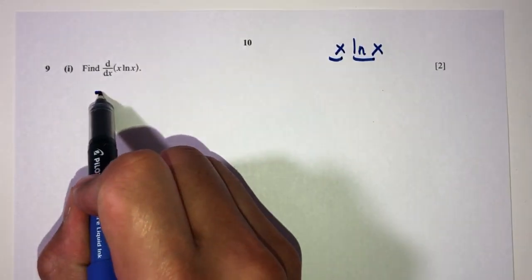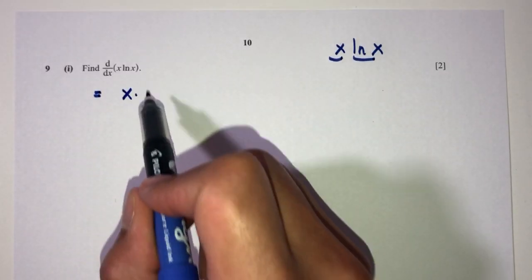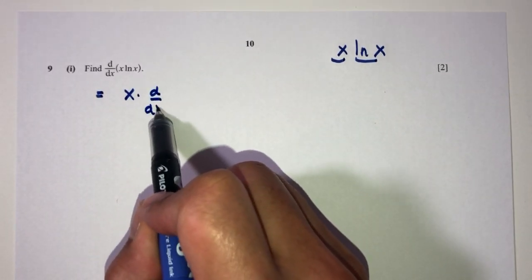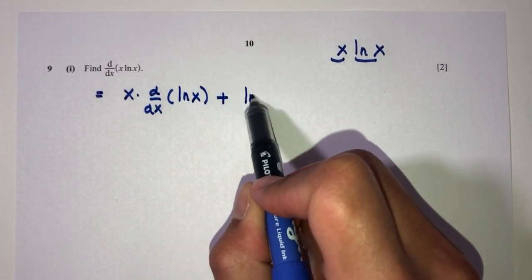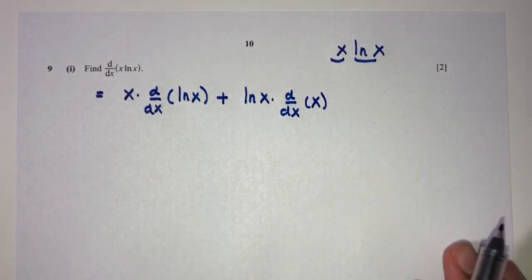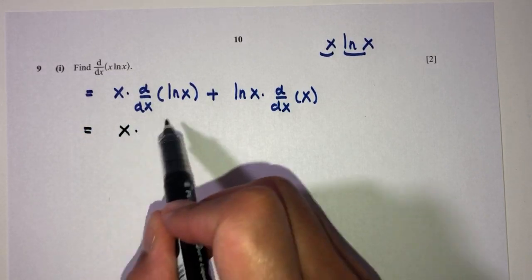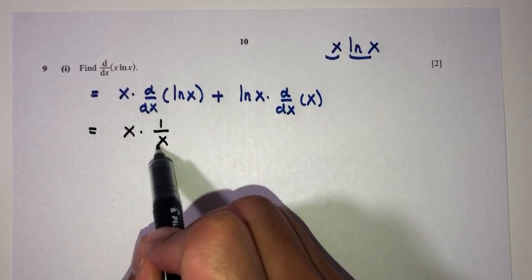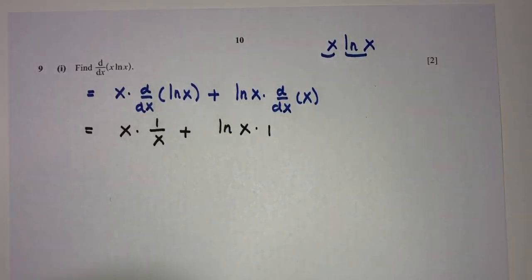So we have, we put the first one by itself, x, times d by dx of the second one. And then the second one by itself times d by dx of the first one. So simplify. x times, that will become 1 over x, plus ln x times, that will be 1.